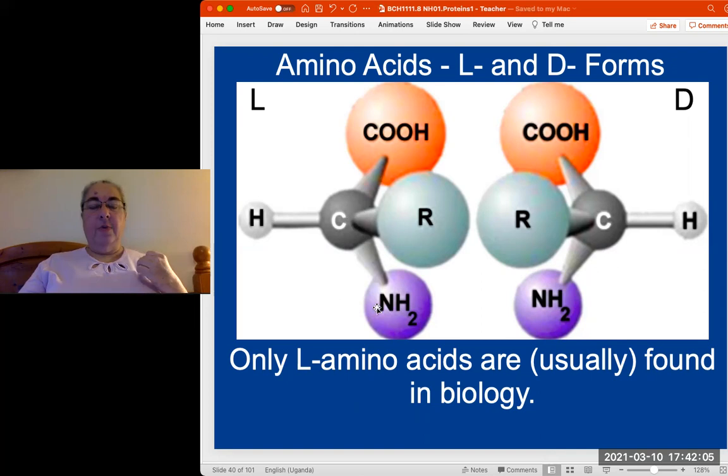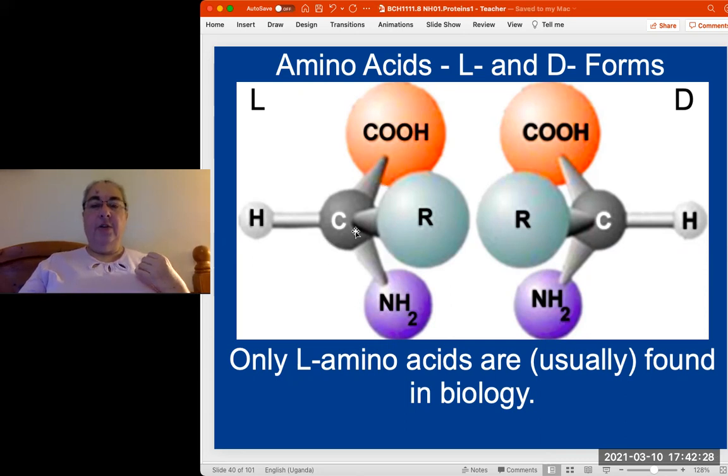You might want to read more about that. But so in most biological systems, in most proteins that we'll be talking about, only the L forms are used. There are some bacterial cell walls that use the D form, but mostly only the L form is used.